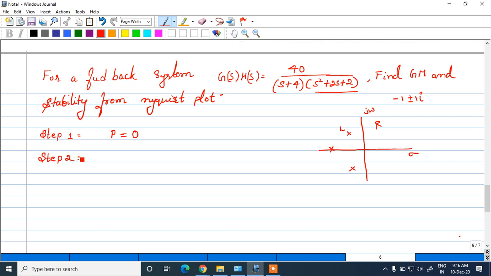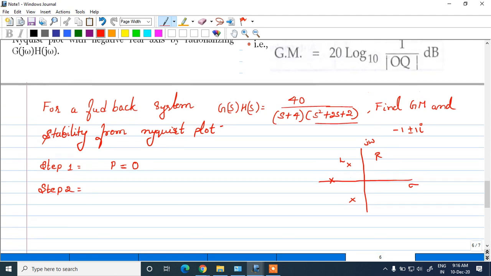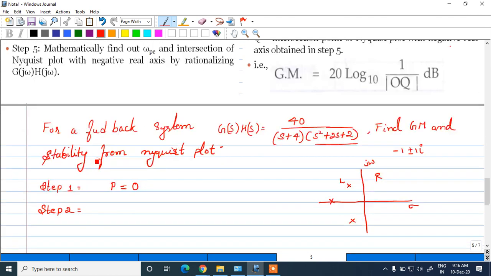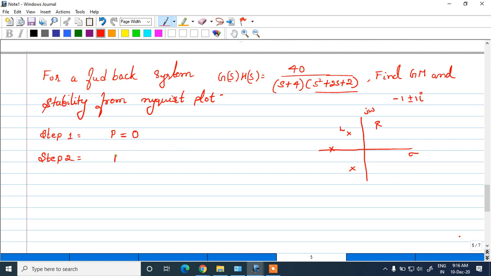Step 2 is to define our stability criteria for the given problem. In the steps to be solved, step 2, we need to decide the stability criterion as N is equal to minus P. That is how many times the Nyquist plot should encircle the minus 1 plus j0 point for absolute stability. So the stability condition is N is equal to minus P, and the value of P is 0.